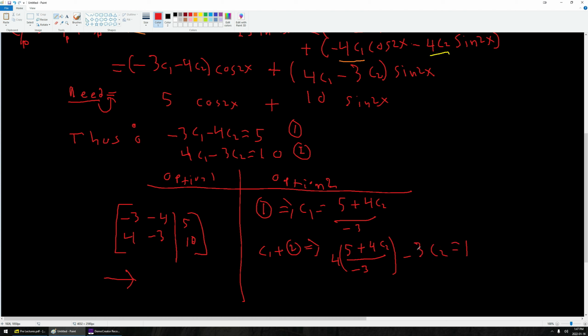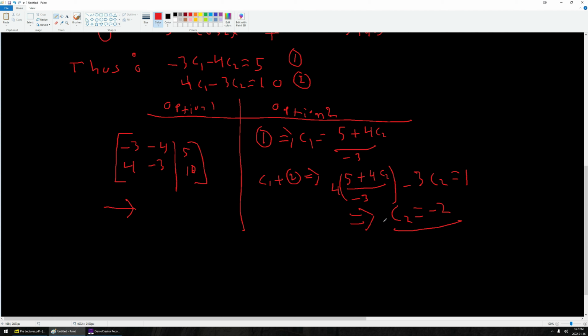So here, this is an equation that only depends on C2. So here I can say this implies, and I could solve this for C2, and when I go through to do that, I will find that C2 will simply be equal to -2, and then I take this and plug it back into the top one over here, so then I can say, thus, C1 is equal to 5 plus 4 times -2 over -3.